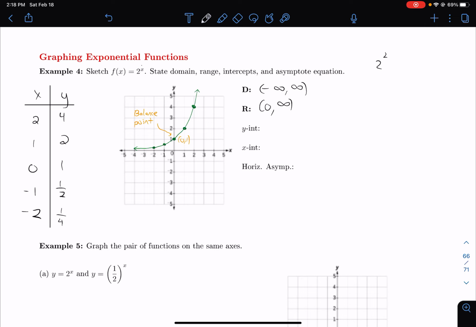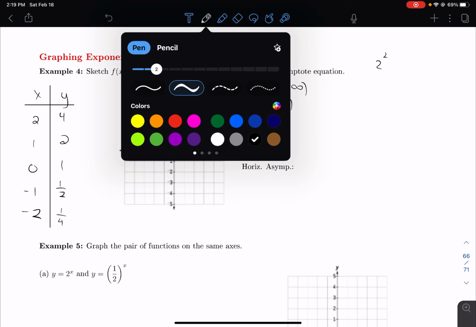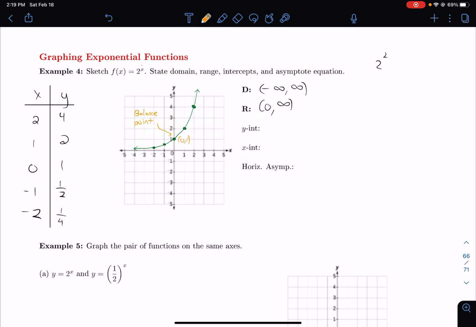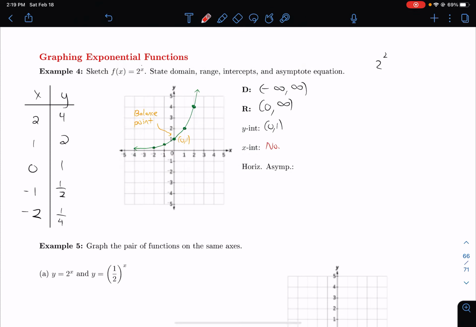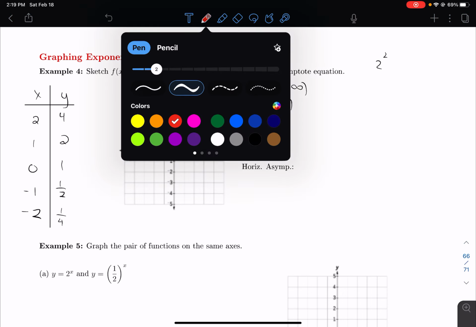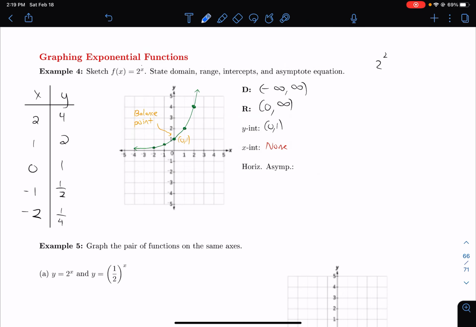Looking at this, my y-intercept is at 0, 1. X-intercept, well, there is none. There is no x-intercept for this graph. But there is a horizontal asymptote, and it's on the x-axis. So the equation of that is y equals 0 as my horizontal asymptote.